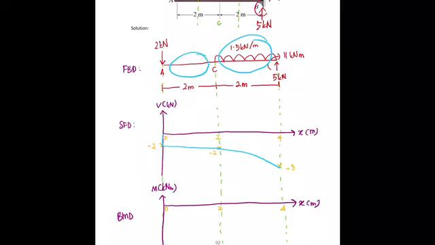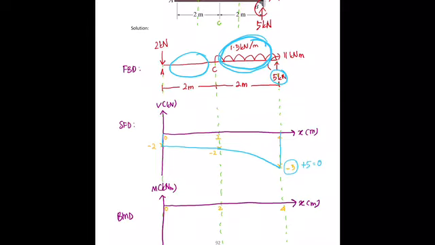This part will be the straight line, but for UDL it should be a curve. And then here you have negative 5, here you have 5, then you just put it up, because negative 5 plus 5 is equal to 0, then you close the loop.